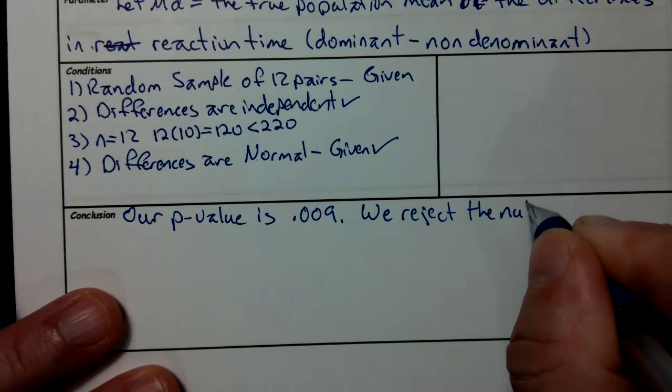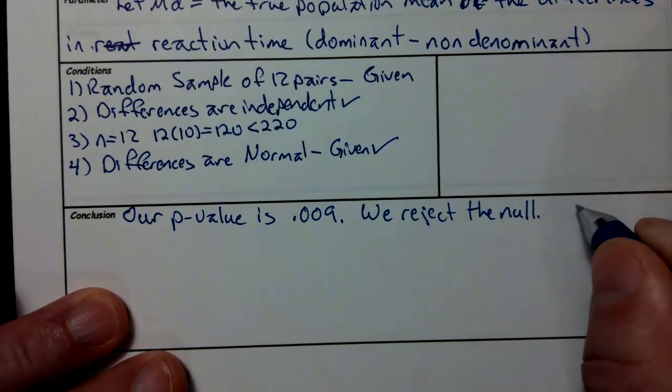Why did we reject the null? We rejected the null because there is sufficient evidence. We have enough evidence.